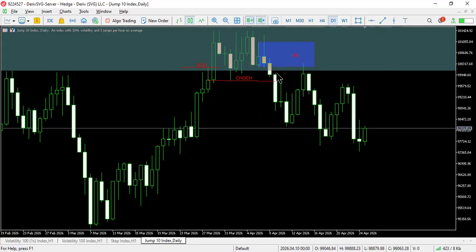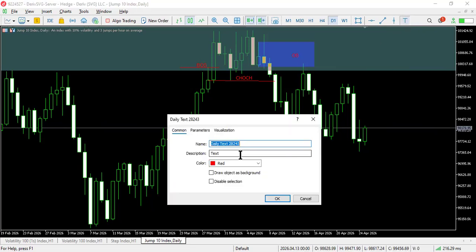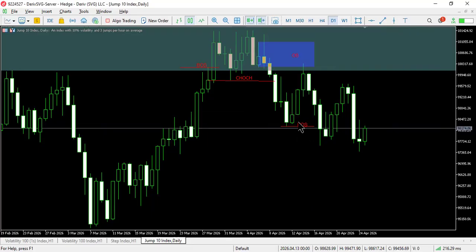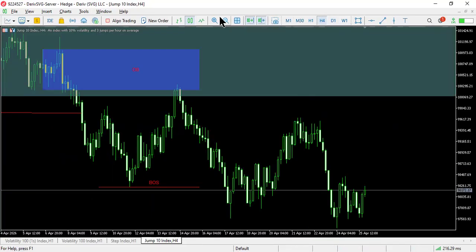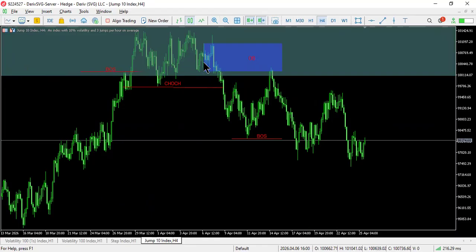And then we have this break of structure right there. However, from the daily time frame, the order block is not clear. Let's go over to the 4 hours time frame where we can get a clear picture.